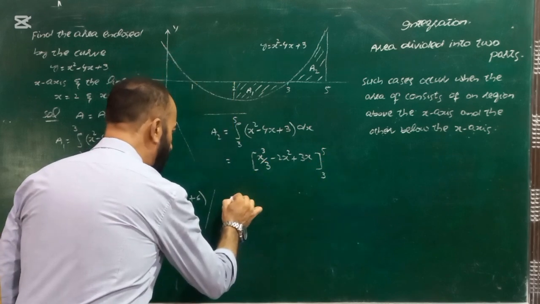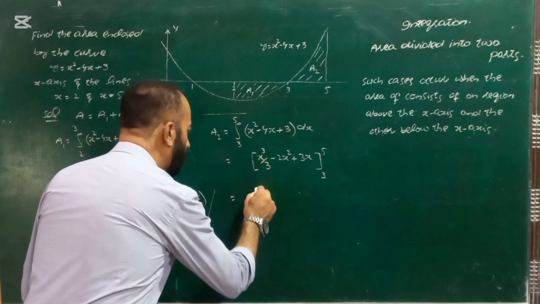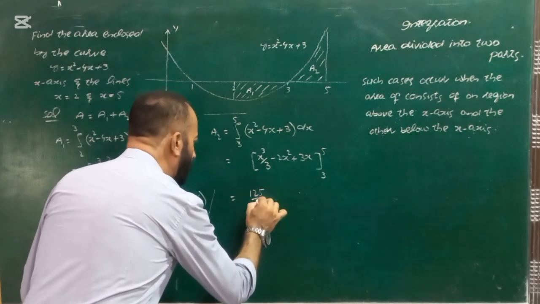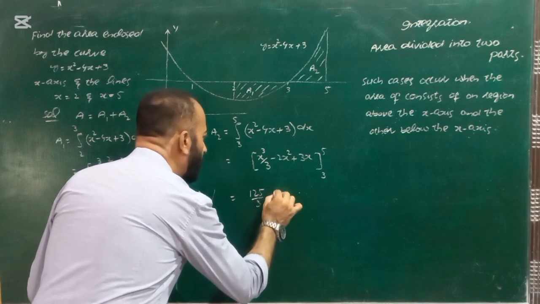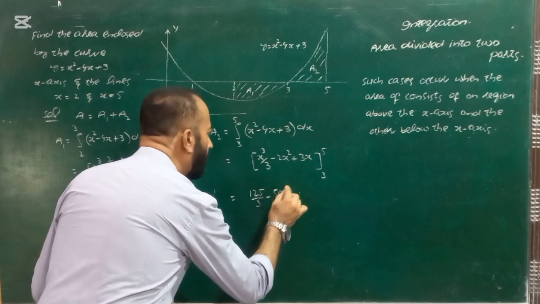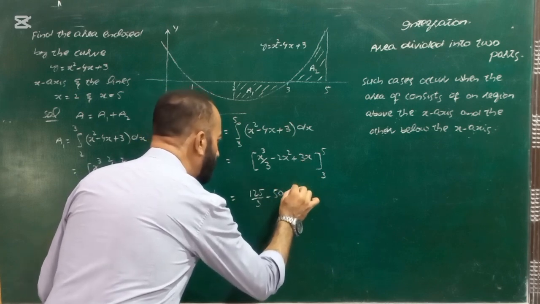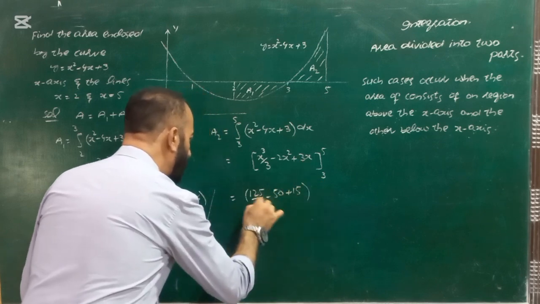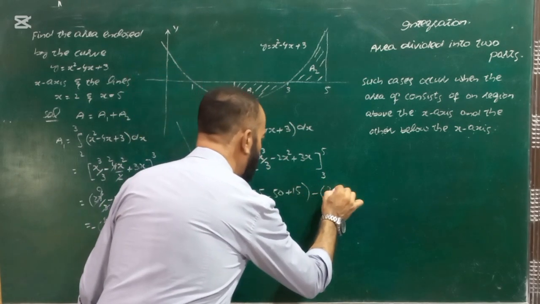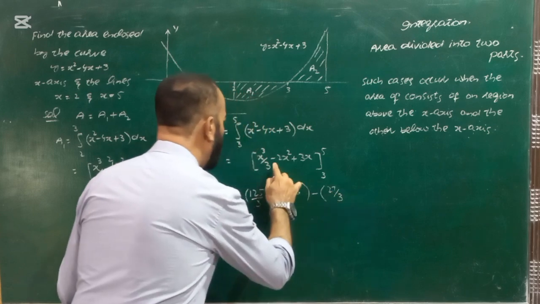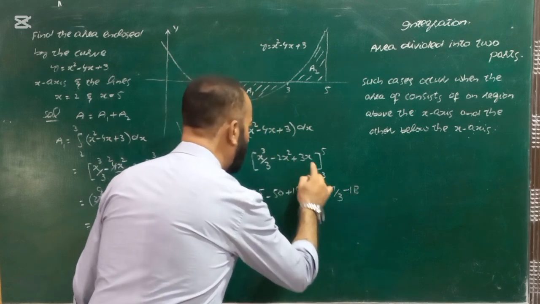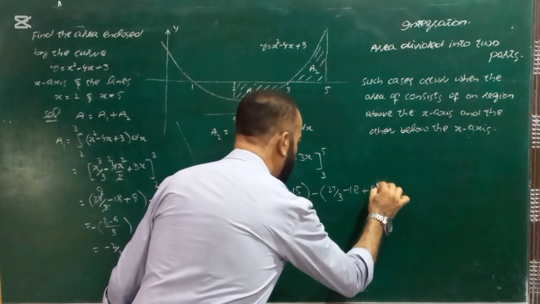Okay, now we are going to apply the limit, that is upper minus lower limit. So first 5 will be applied. That will be 125 over 3 minus 50, 25 into 2, plus 15, minus lower limit. So 3 cube is 27 over 3, 3 twos are 6, 9 twos are 18, minus 18, and 3 threes are 9, so plus 9.